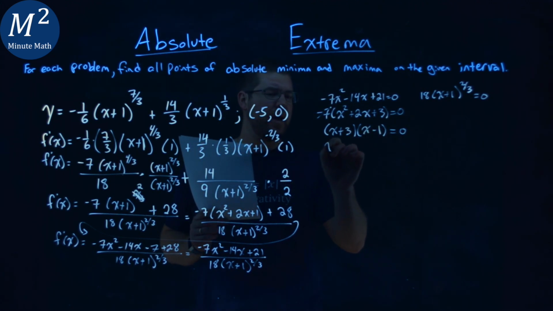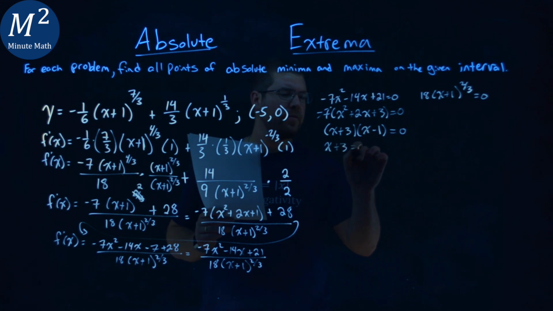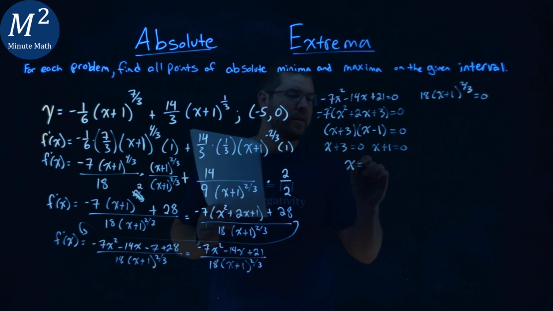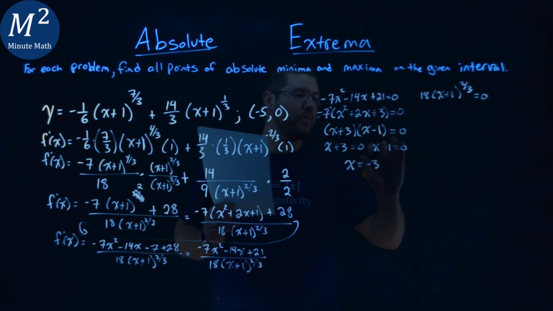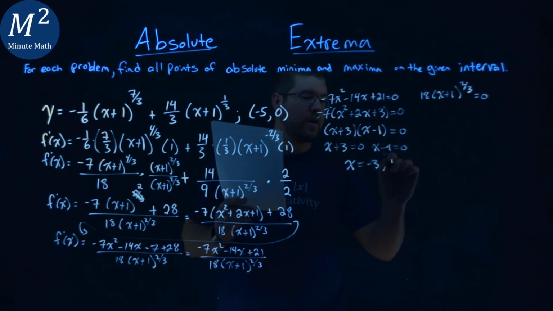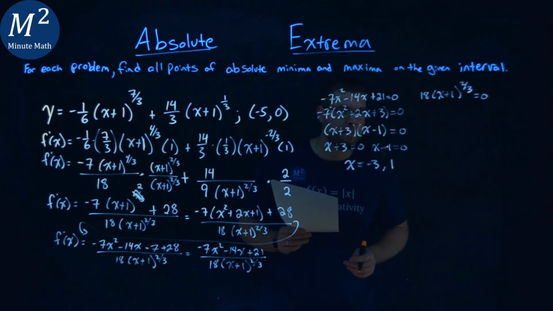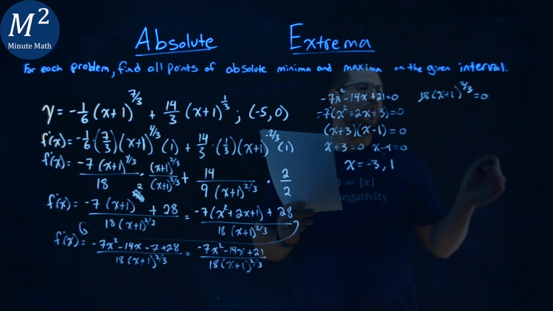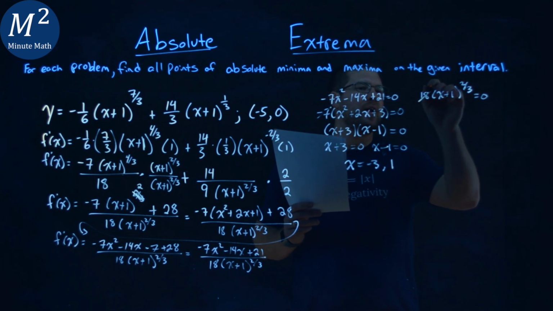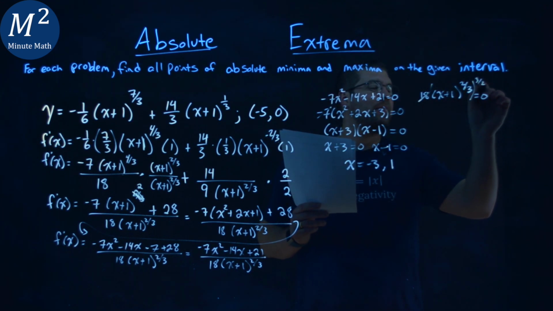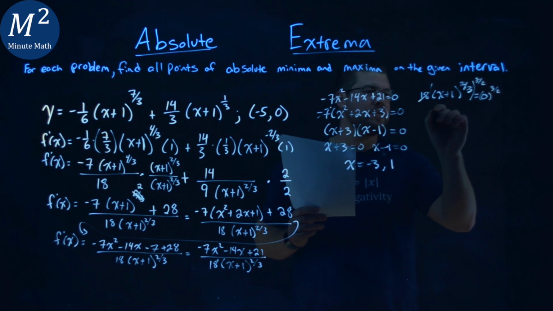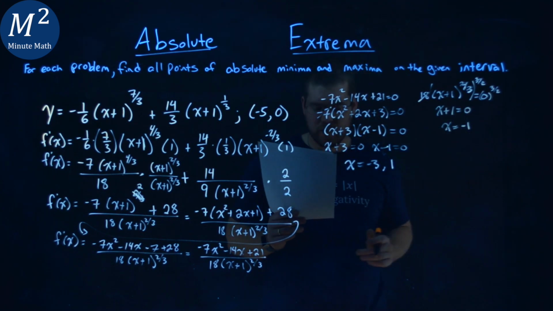Set them equal to 0, so x equals negative 3 and positive 1. For the second part, we set it equal to 0, divide both sides by 18, and multiply both sides by the 3/2 power to eliminate that exponent. Zero stays 0. So x plus 1 equals 0, and x equals negative 1.